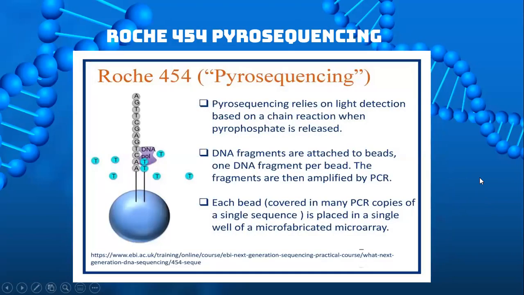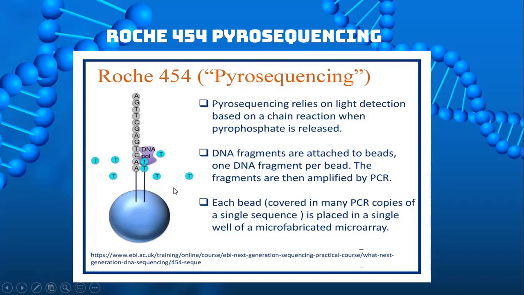So coming to Roche 454 sequencing, pyrosequencing. Pyrosequencing relies on light detection based on a chain reaction when pyrophosphate is released during repeated nucleotide incorporation into the newly synthesized DNA chain. The DNA fragments are attached to beads, and the fragments are then amplified by PCR.